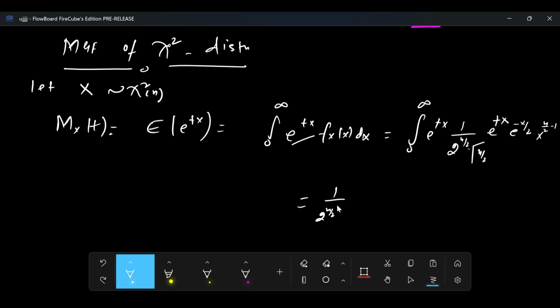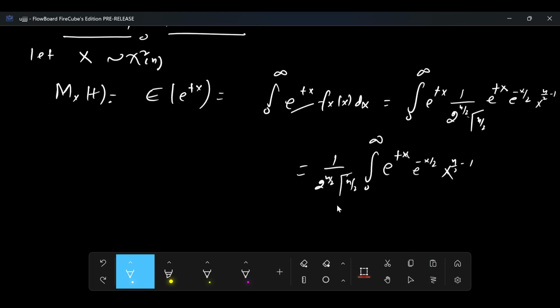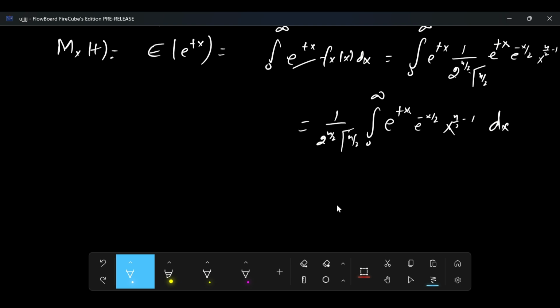Clear? So now this is a constant, so I will be using the gamma integral here, and this term is constant. It will come out from the integral sign. So this is 1 by 2 to the n by 2 gamma n by 2, integral from 0 to infinity of x to the power n by 2 minus 1, e to the power tx, e to the power minus x by 2 dx.